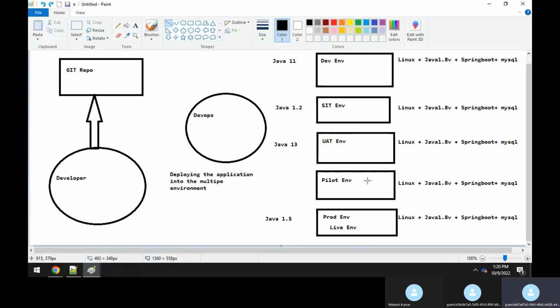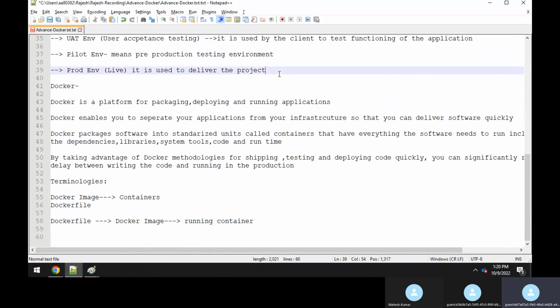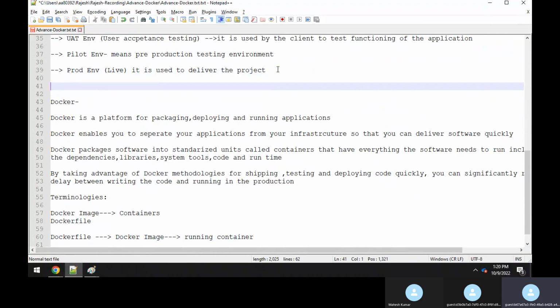Okay, now what is required actually? Earlier, I missed one point actually.